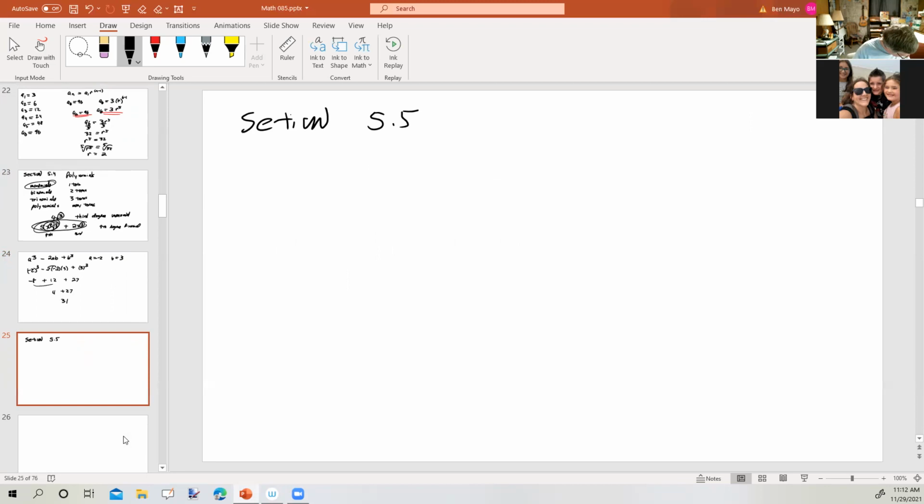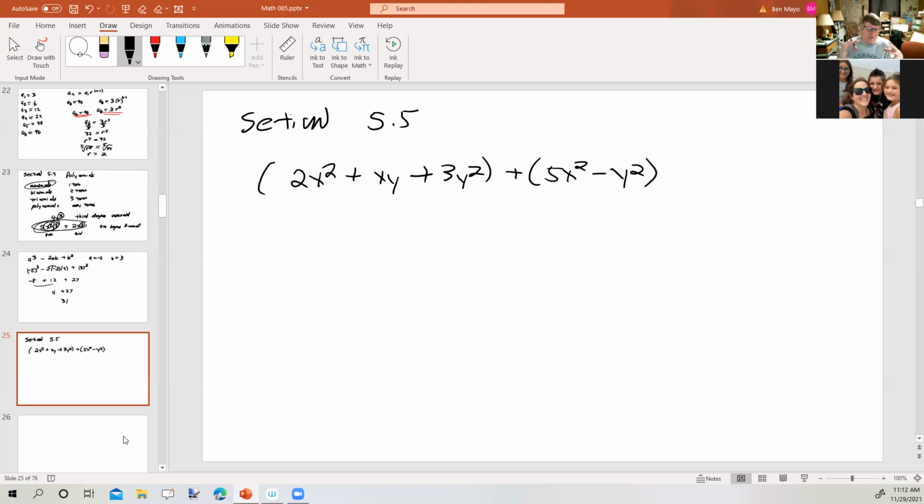So let's say we're adding, how about this, 2x squared plus xy plus 3y squared plus the quantity 5x squared minus y squared. If there is a set of parentheses with nothing in front of it, we can drop the set of parentheses.